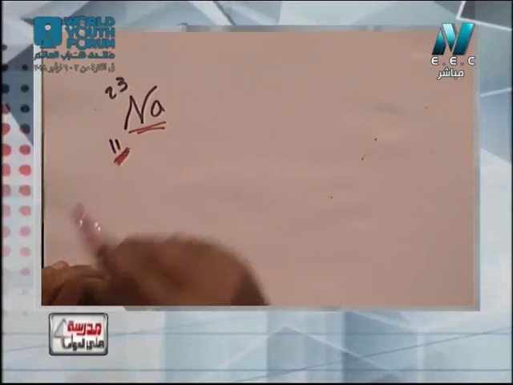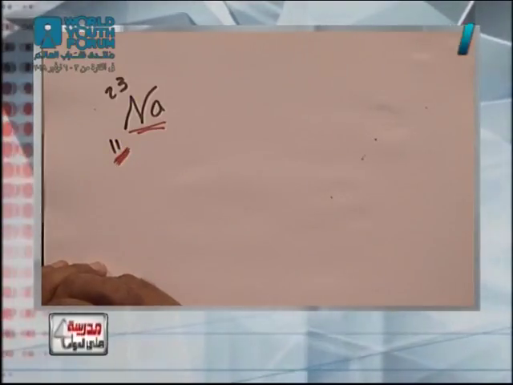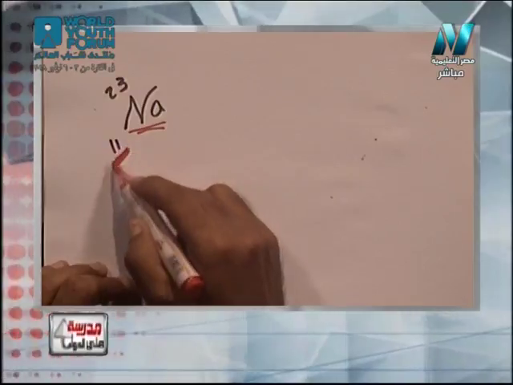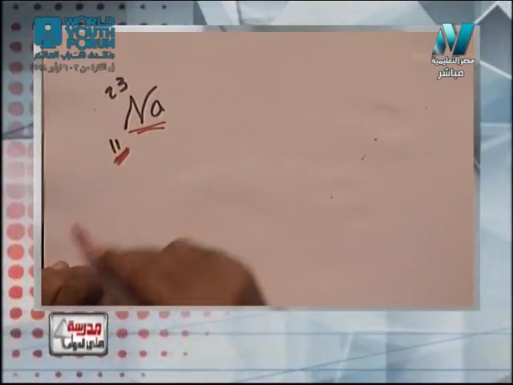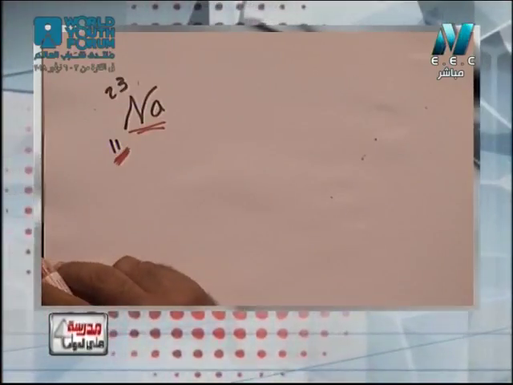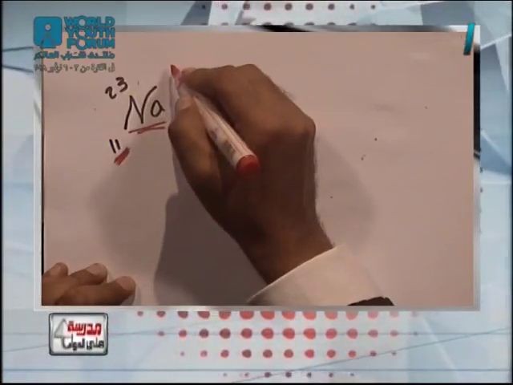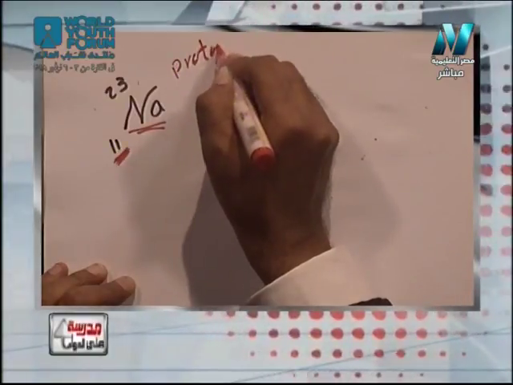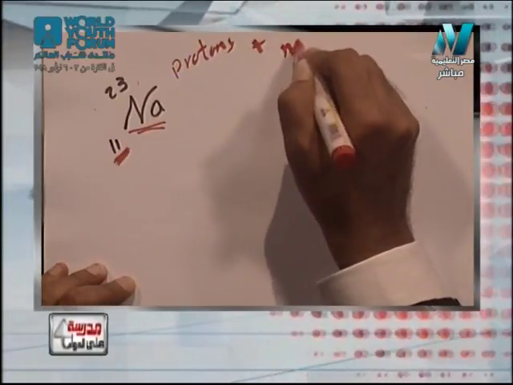What's meant by 11? It is the atomic number. That means the number of protons or the number of electrons in the atom. What's meant by 23? It is the mass number. That means the number of protons plus the number of neutrons.